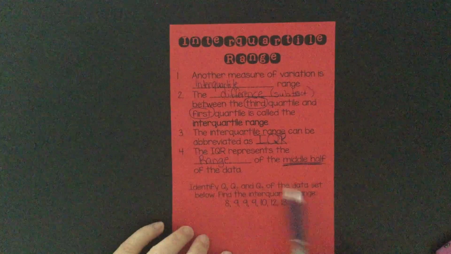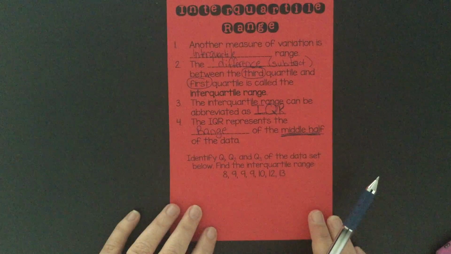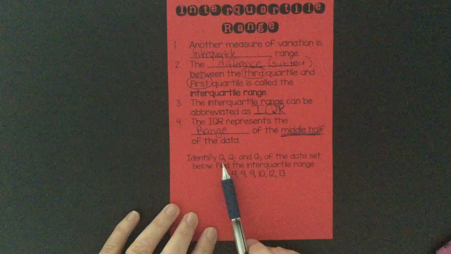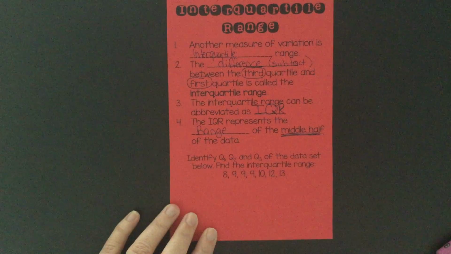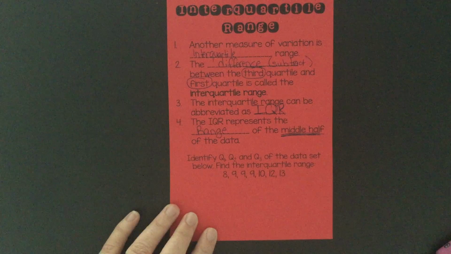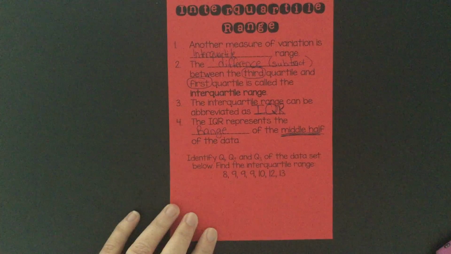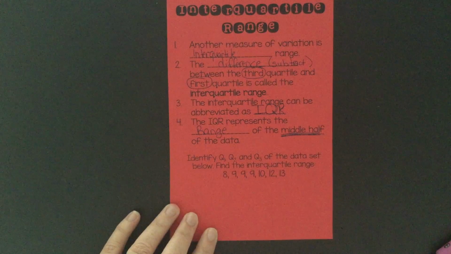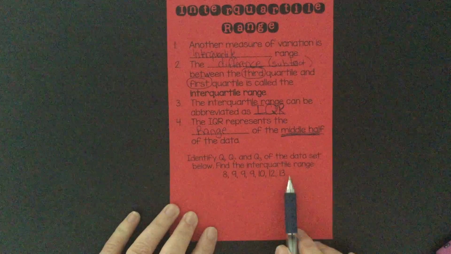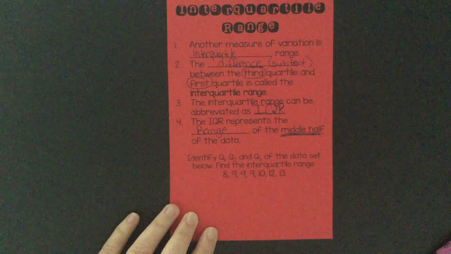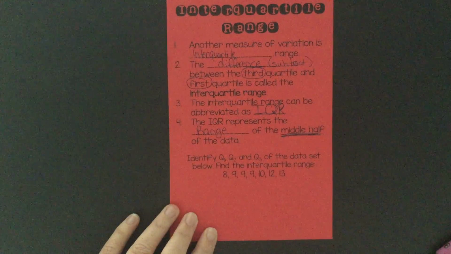All right, so let's go ahead and look at this example that I have here. I have identified quartile 1, quartile 2, and quartile 3 of the data set below. Find the interquartile range. The very first step that I need to do is make sure that they are in what? Order. In order, least to greatest, correct? Are these numbers in order? Yes. Okay, so great. That's one less step that I need to do.